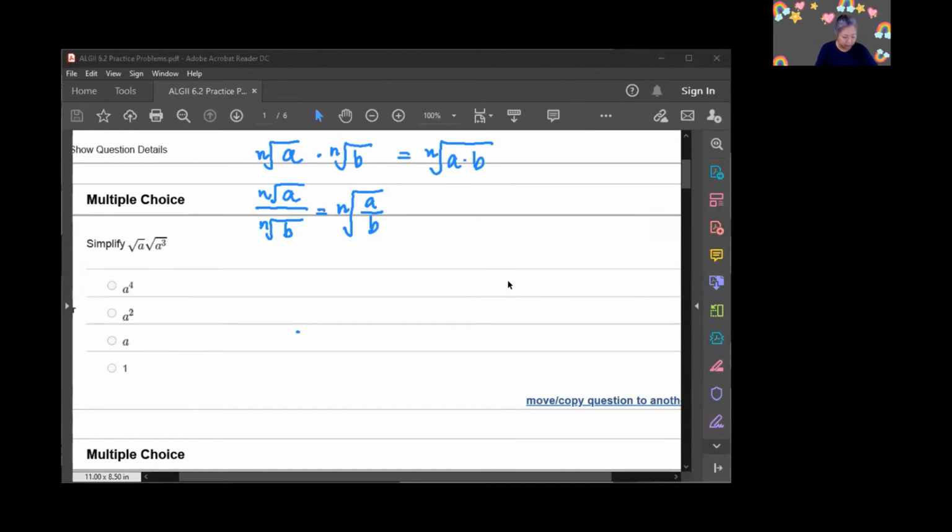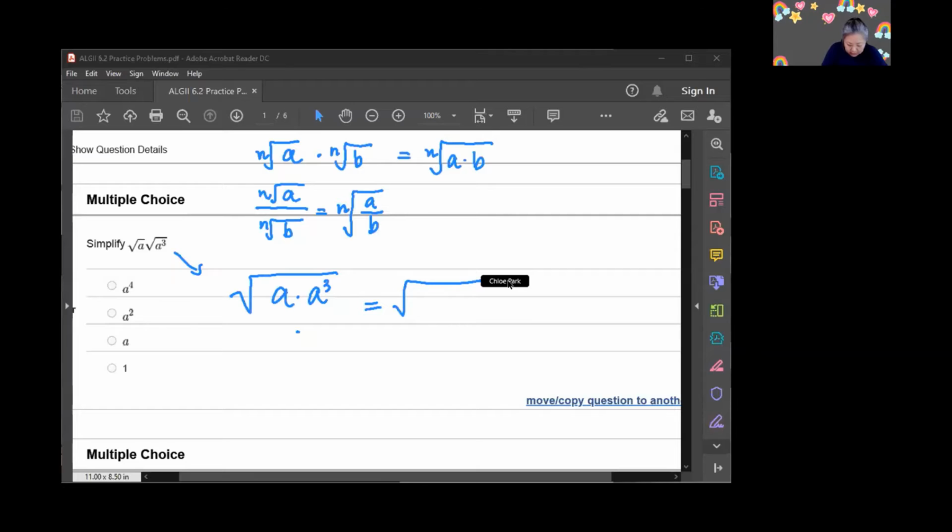Now, the first thing we have to do is verify the given radicals have the same index. What is the index on the first one? The default index that is not visible is 2, so it's a square root. So this is the same as the square root of A times A cubed.